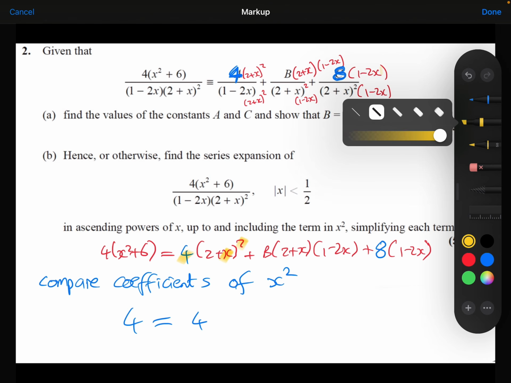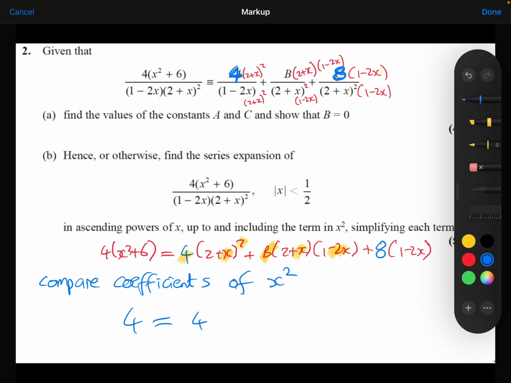Then I would have an x times −2x, so that's going to be a −2x², multiplied by the b would be −2b x². And then looking at the third term, expanding this I'd get 8 − 16x.